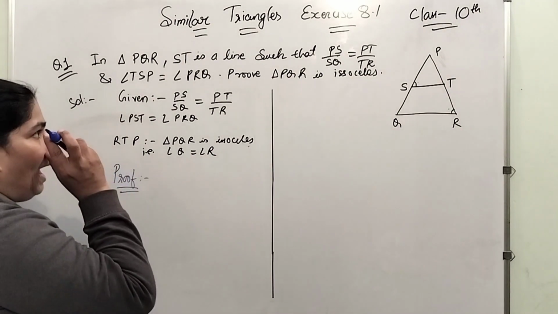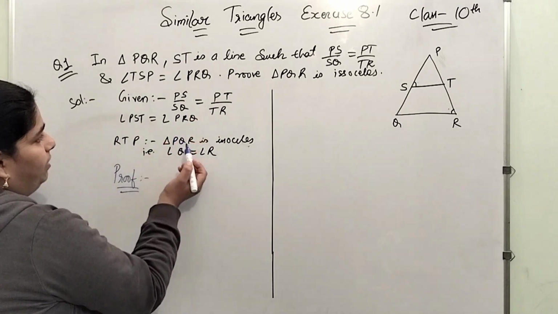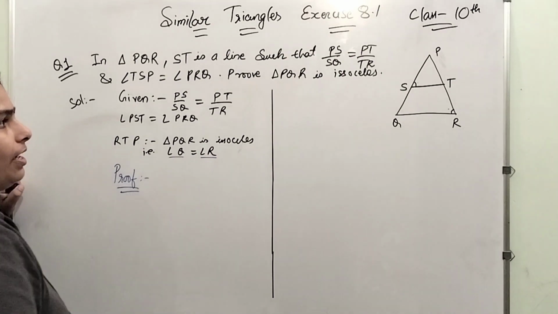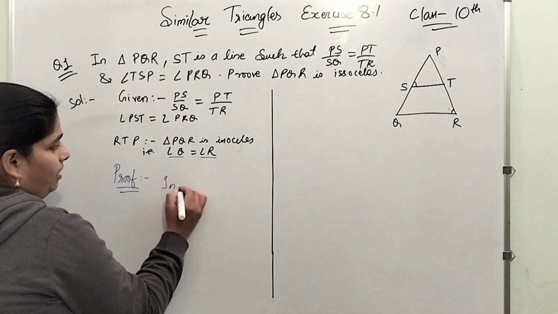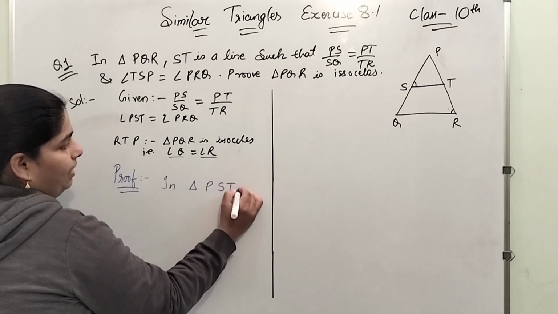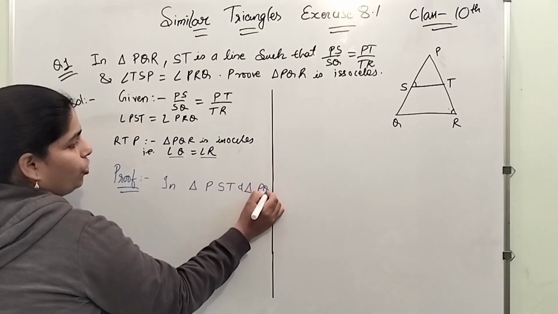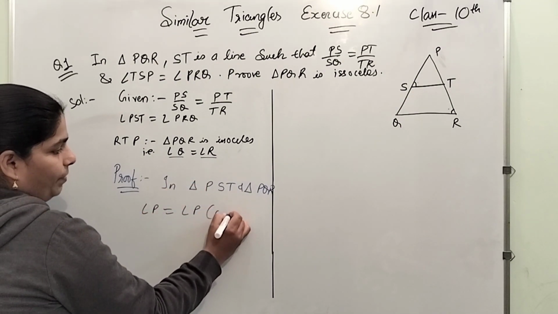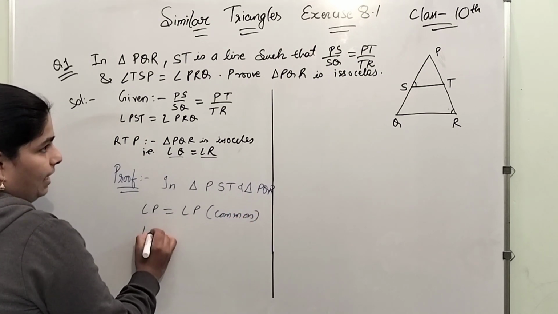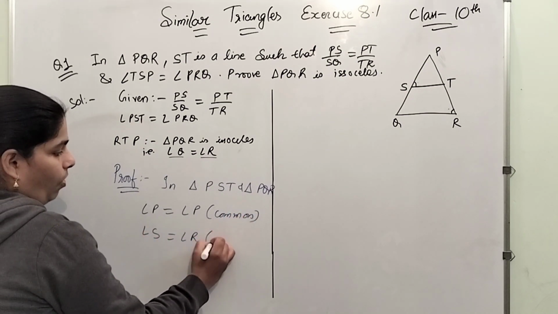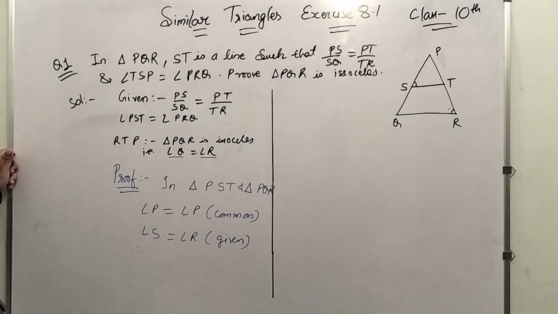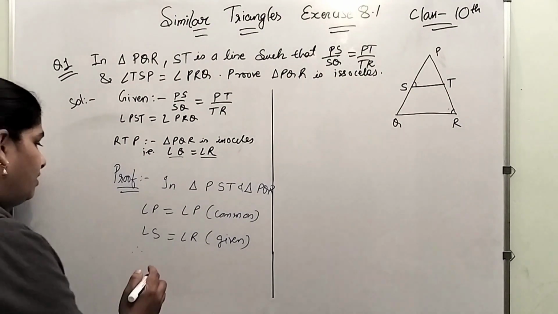Now, for proving that the triangle is isosceles, we have to prove that angle Q is equal to angle R. Now we will take triangle PST and triangle PQR. Angle P is equal to angle P, which is common, and angle S is equal to angle R, given. Therefore, by AA similarity, both the triangles are similar.